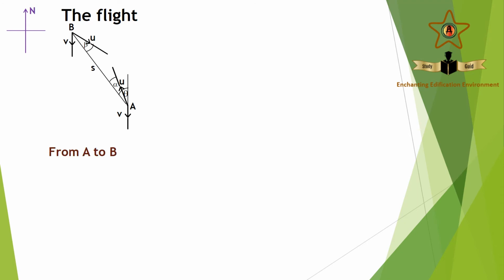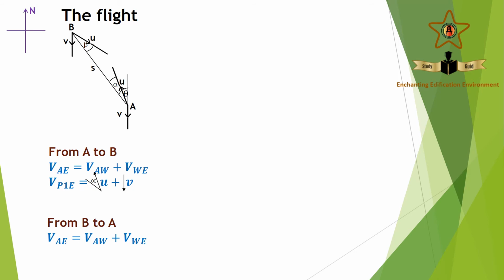Now we can apply the velocity triangle or relative velocity rule for the flight from A to B. Velocity of the aeroplane relative to Earth is equal to velocity of the aeroplane relative to wind plus velocity of the wind relative to Earth. This velocity is taken as v p1e, it is u plus v. U is directed at angle alpha with AB. V is towards south.